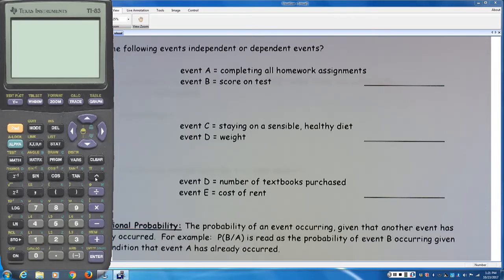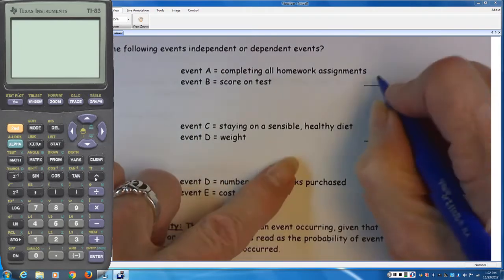Why do you think they're dependent? Okay. Now, so one does influence the other. Doing your homework means you probably would get a higher grade on the test. And vice versa, not doing your homework means you're probably not going to score as well on the test. So yes, there is an influence there. So these are dependent events.